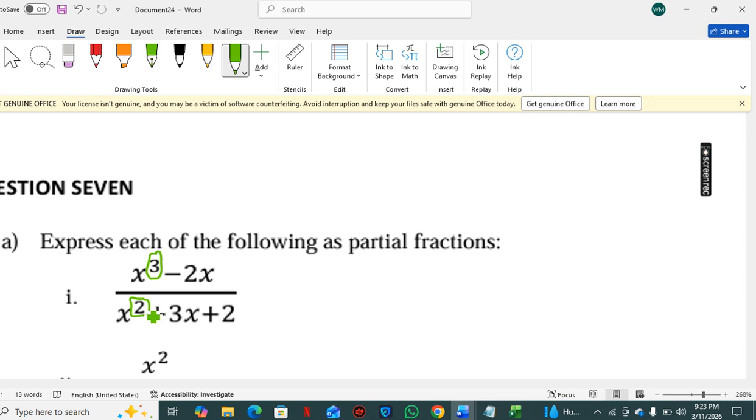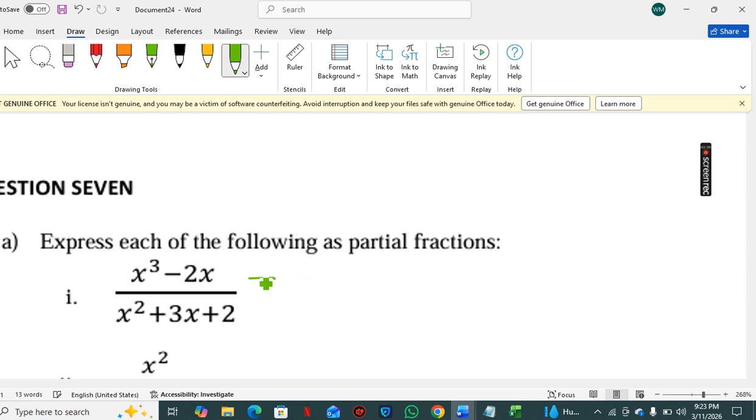So here we're dealing with an improper fraction, so we have to do polynomial division. All the questions they'll give you will be improper fractions. So let us get to know the terms.